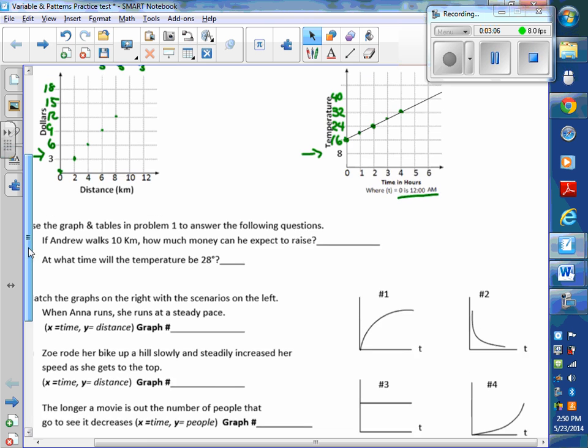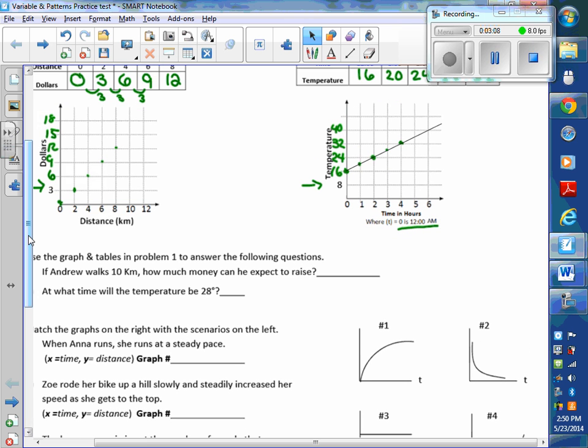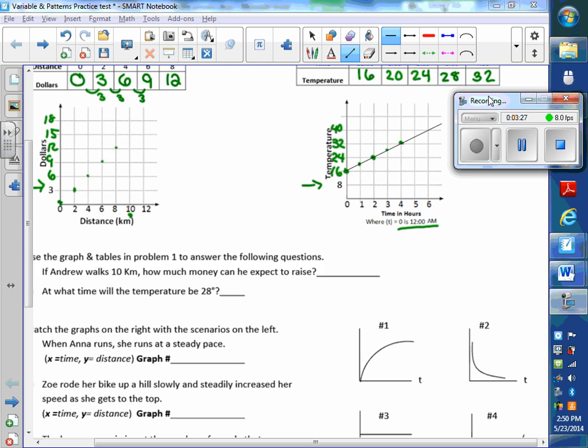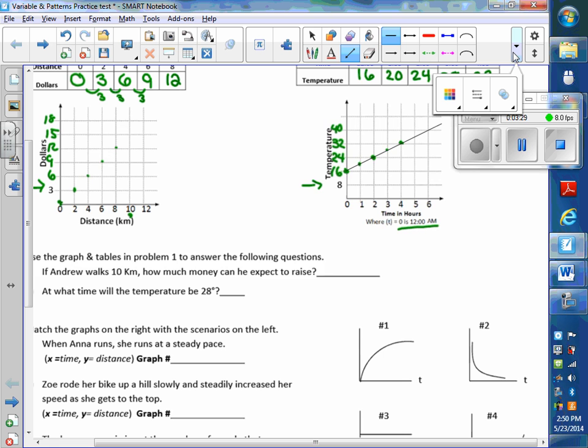So next, use the graph, it says, and tables provided in problem 1 to answer the following questions. If Andrew walks 10 kilometers, so if Andrew walks 10 kilometers, that's right here, how much money can he expect to raise? Well, if you put another thin line in, you could use that for predicting.